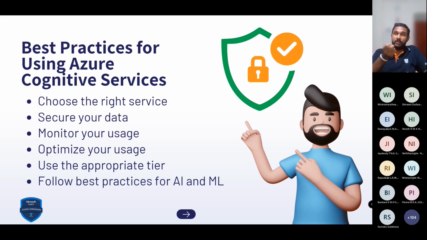That means you have to be aware of your budget and the cost that is going to be deducted from using these services. So if you use the Azure Cognitive Services pay as you go option, as I mentioned, you have to be aware of those things. And then you have to use the appropriate tier.